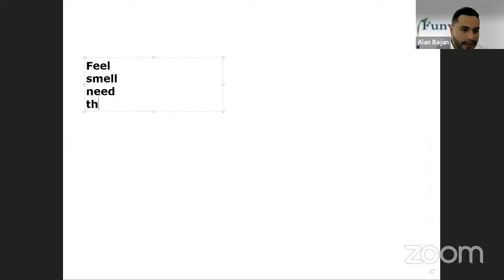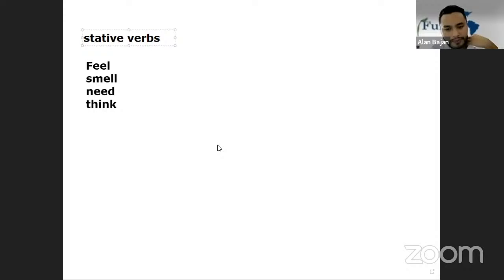And think. The stative verbs are the verbs that, if you think deeply, they don't make sense if you do it or you express a habit with that repeatedly.